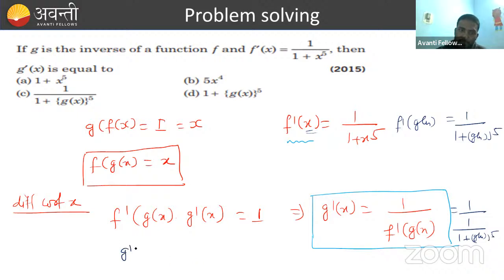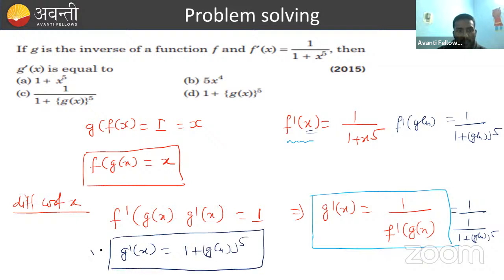Finally, what will be your g dash x? g dash x will be 1 plus g of x to the power 5. So this will be your final answer, and this one is your correct answer. I hope it is very much clear to all of you.